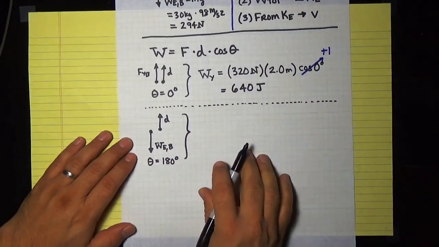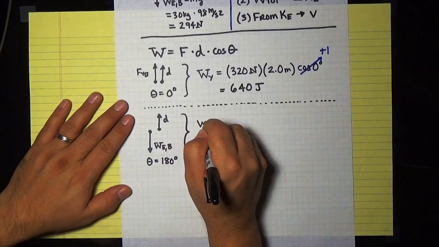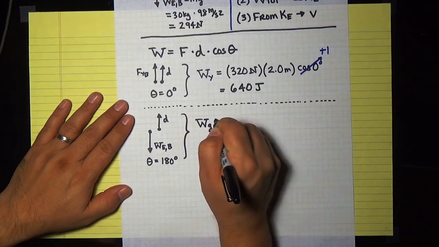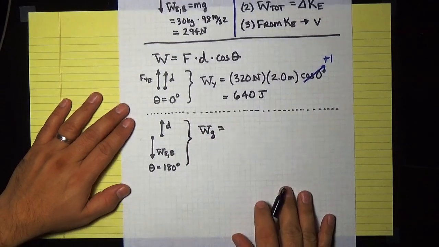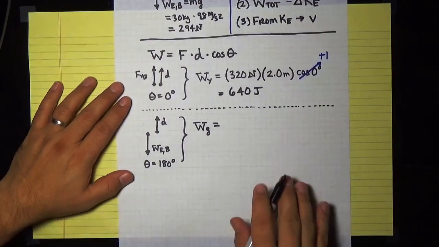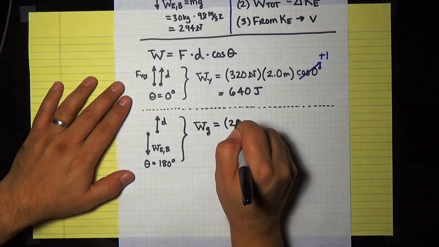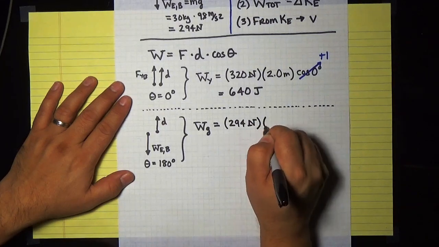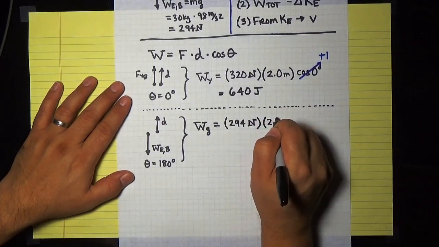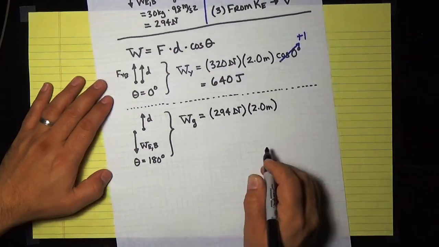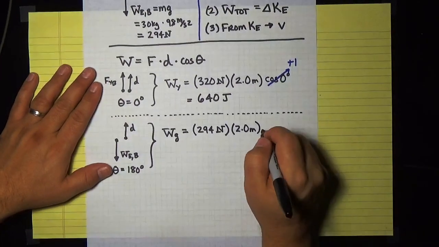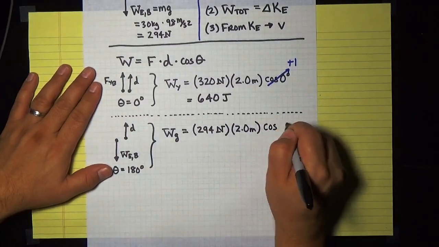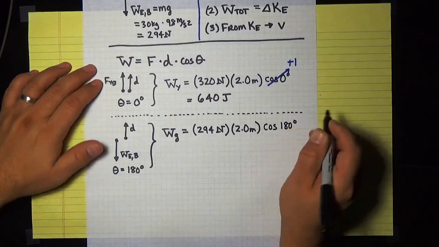So I can now solve for the work done by gravity, and that's equal to the force, which we computed was 294 newtons, times the displacement again, which is 2.0 meters, and this time times the cosine of 180 degrees.